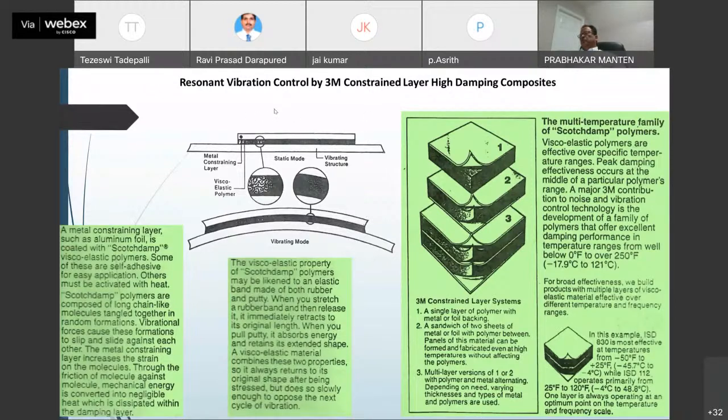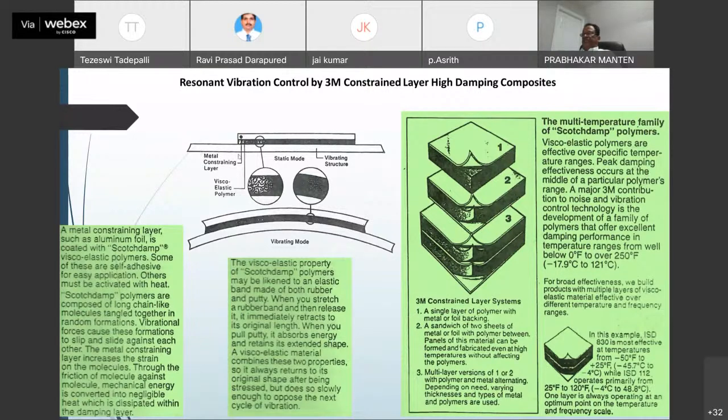It's more effective nearer to the clamped end, where strain energy is maximum. That's why modal analysis is key for plates and shells, in order to know the modal pattern or the curvatures taking place, so that you can apply the tapes appropriately, and how much tape to apply, not just arbitrarily all over. So these are called constrained layered high damping tapes.